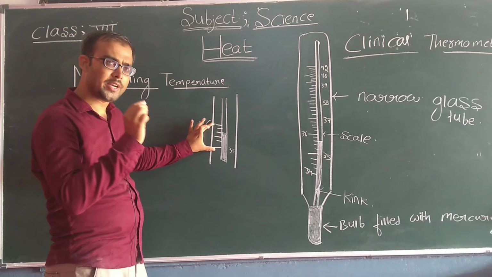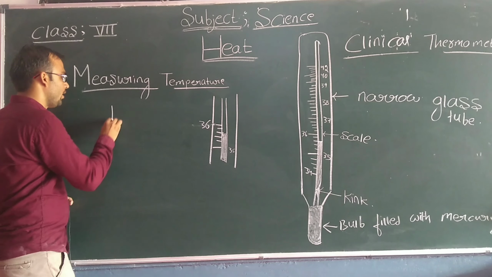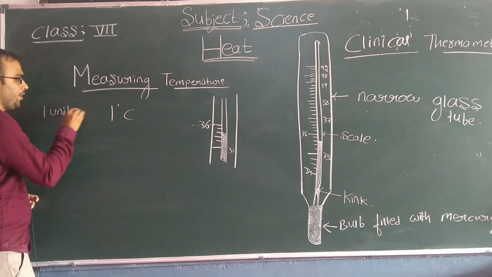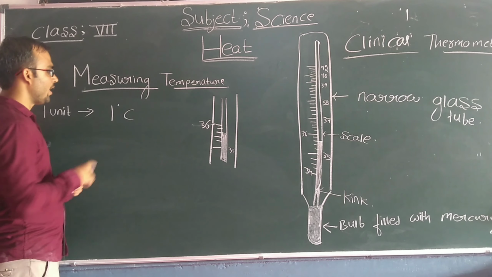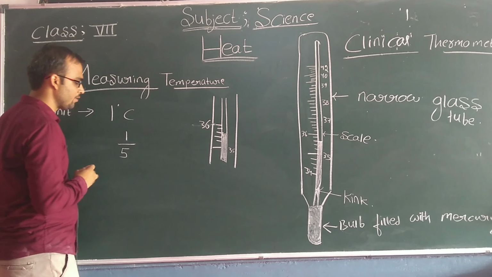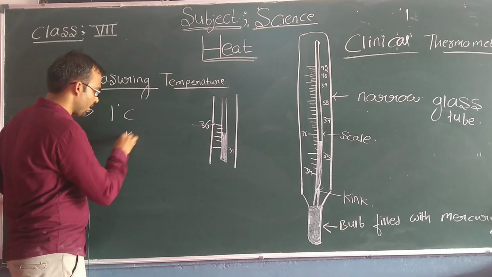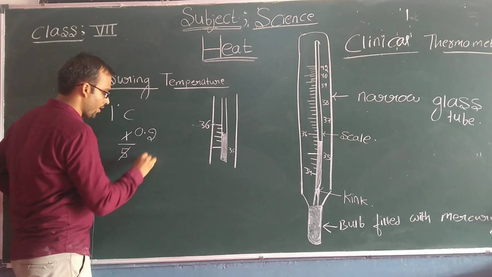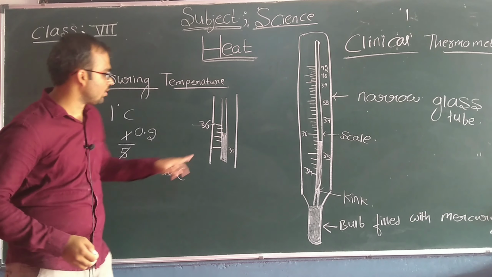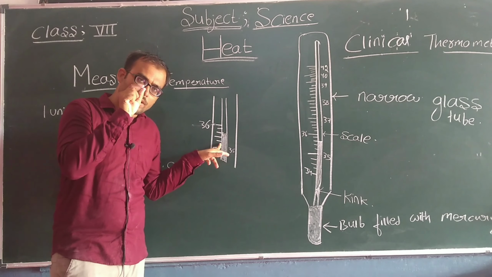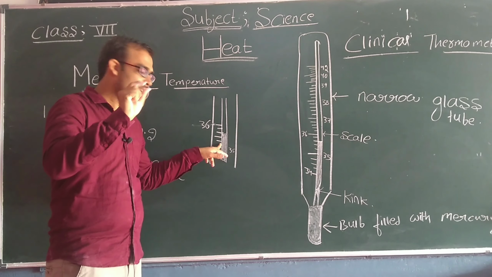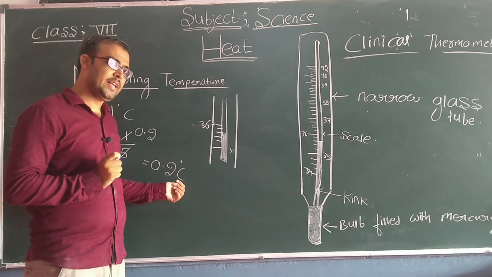If one unit indicates 1 degree Celsius and there are 5 divisions, then 1 divided by 5 is 0.2. So one small division equals 0.2 degree Celsius.